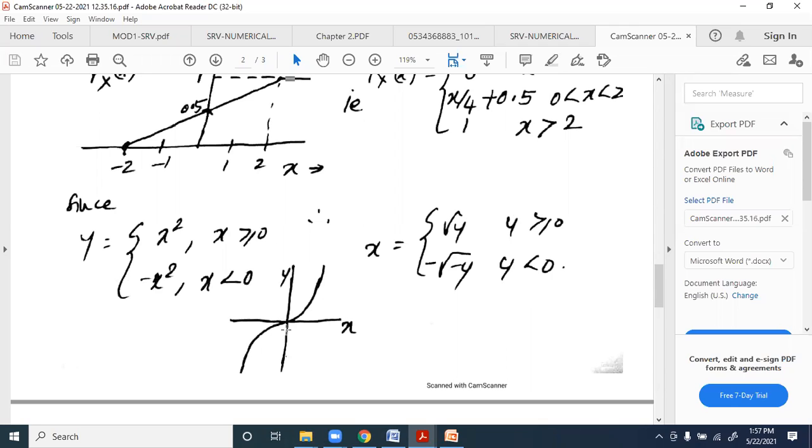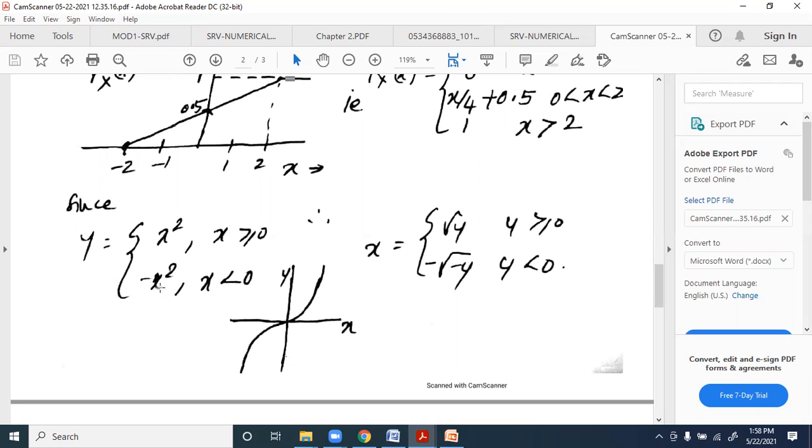For all values of y which are negative, we need to go for this. If you take this minus, you have to take it on this side, and x squared will be equal to minus y. X will be equal to plus or minus root of minus y.